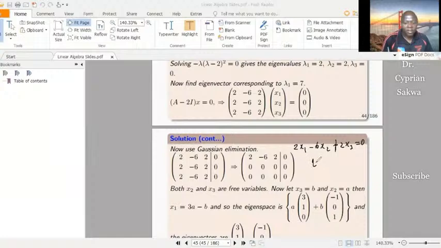So let x2 be a, because it's a free variable, and x3 will be b, because it's also a free variable.